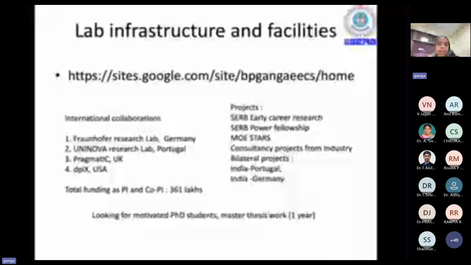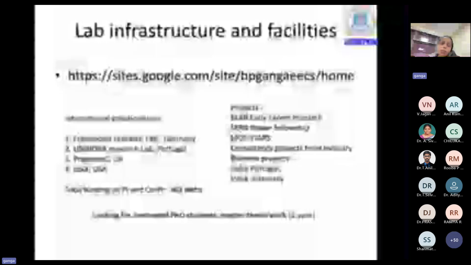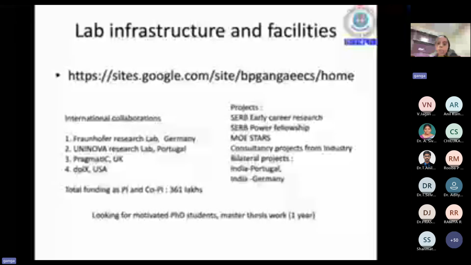We have a lot of international collaborations with Fraunhofer Research Lab, Germany, and Unilever Research Lab, Portugal, Pragmatic, UK, and we have collaborations with industries like Dipix, USA. Various projects that are ongoing include SERB projects, MoE STARS, consultancy projects, and bilateral projects between India, Germany, and so on, with almost 3.6 crores funding.